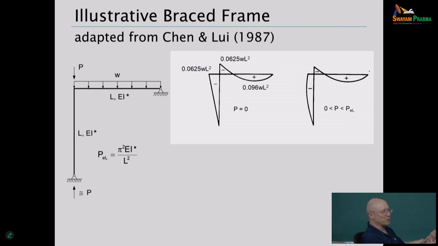Well, this is the reverse of the piano string problem. When you have compression in the member, the member becomes more flexible. Because of that increase in the flexibility of the column, we actually tend to get a reduction in the moment at the knee of this frame.